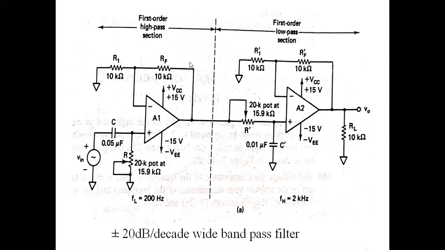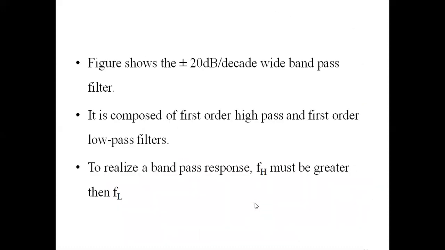We have cascaded two filters, the first order high pass section and the first order low pass section. The output V0 is taken across the second op amp, that is the first order low pass section, and hence we can get the frequency response of the output voltage by designing a wideband pass filter.